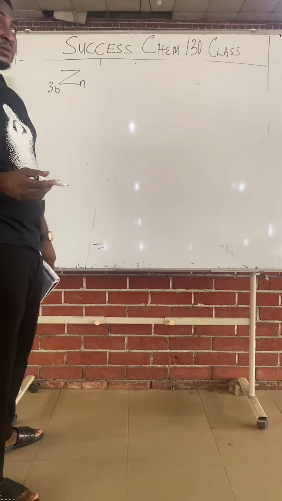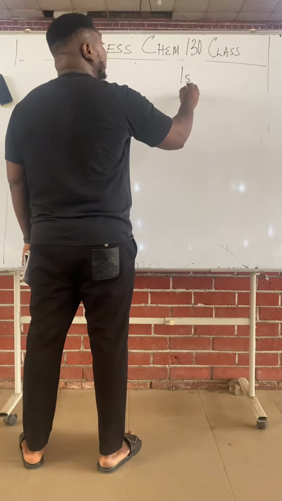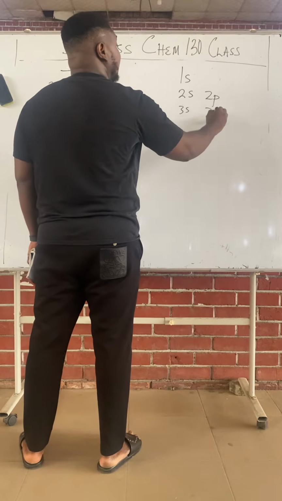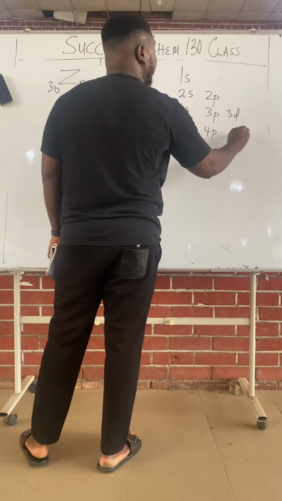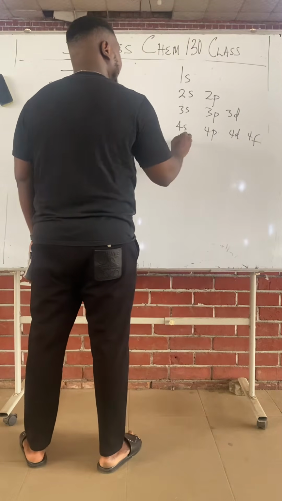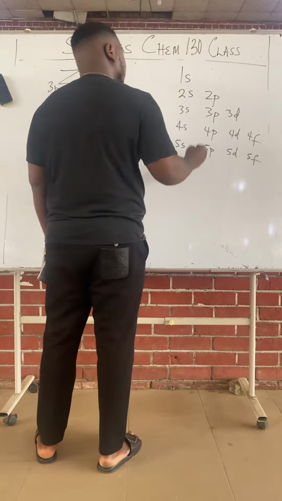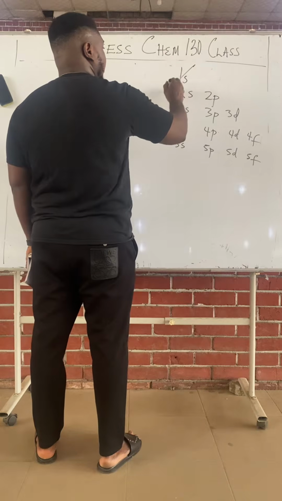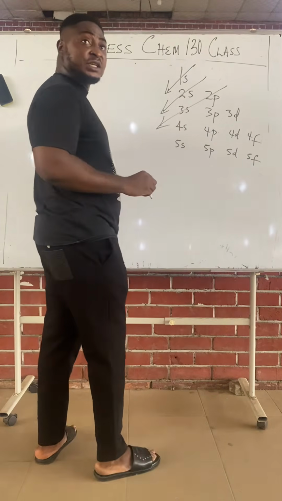SPDF configuration. Remember, I gave you that table. I said 1s, 2s, 2p, 3s, 3p, 3d, 4s, 4p, 4d, 4f, 5s, 5p, 5d, 5f. Class, we fill from lower energy level before higher energy.